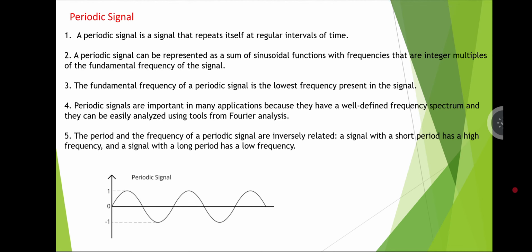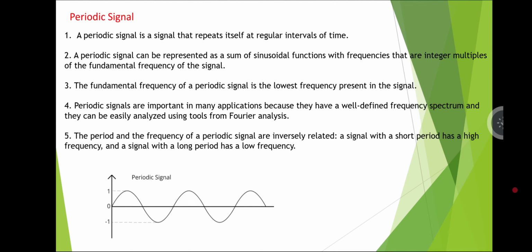The fundamental frequency of a periodic signal is the lowest frequency present in the signal. Periodic signals are important in many applications because they have a well-defined frequency spectrum that can be easily analyzed using tools from Fourier analysis.